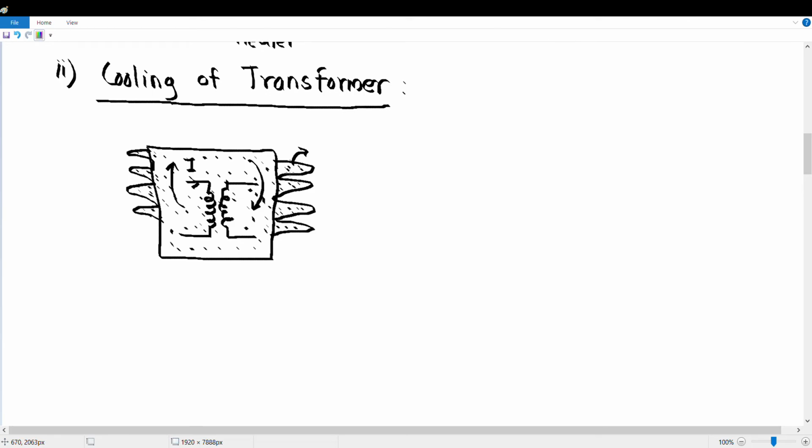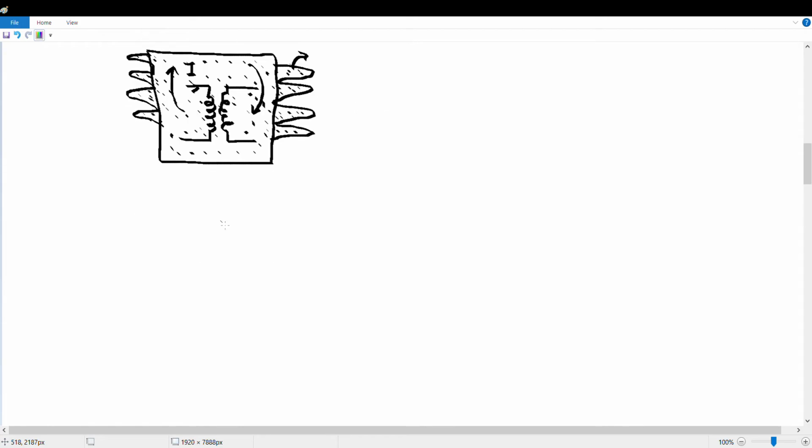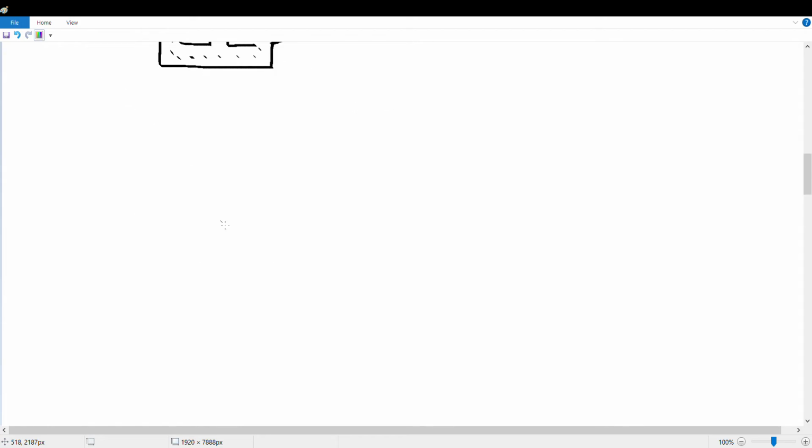This transformer oil gets cooled and it moves towards the transformer coil again. This cycle repeats again and again. In this way, the oil and the coils of the transformer get cooled. So these are the applications of convection.